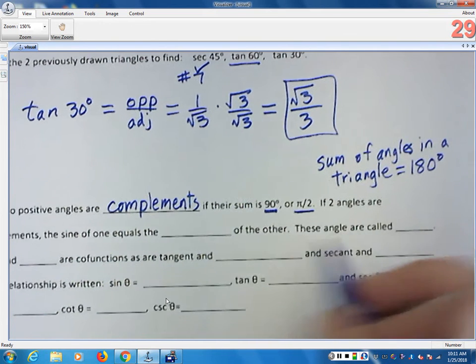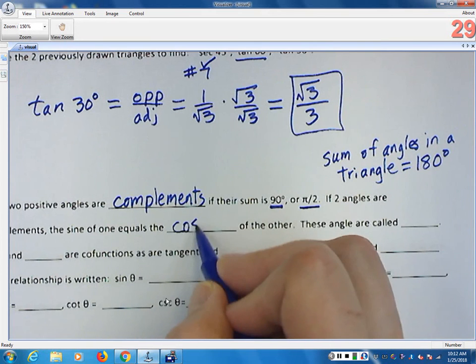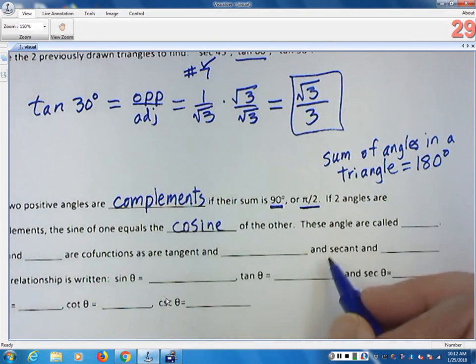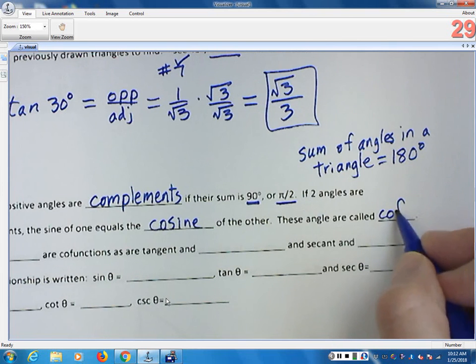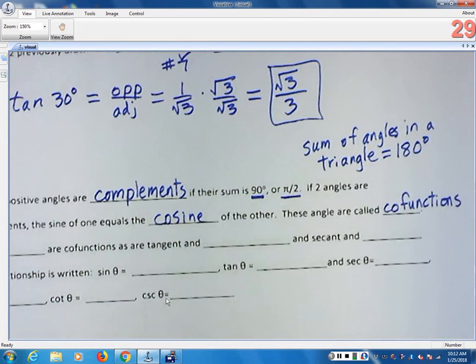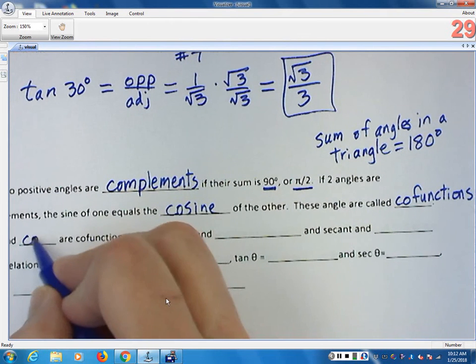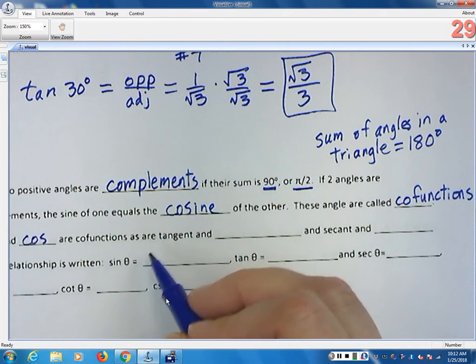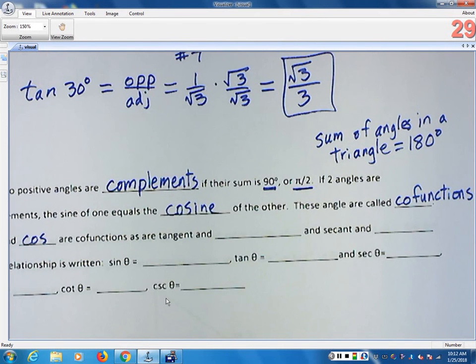If two angles are complements, the sine of one equals the cosine of the other. These angles are called cofunctions. More terminology. Sine and cosine are cofunctions, and that's why it's cosine, that's why the co is in front of it.